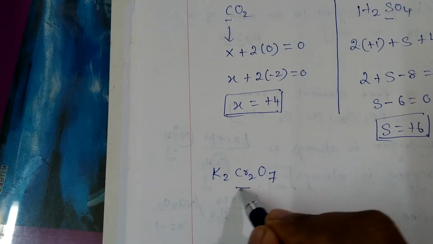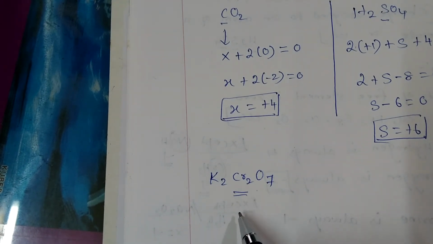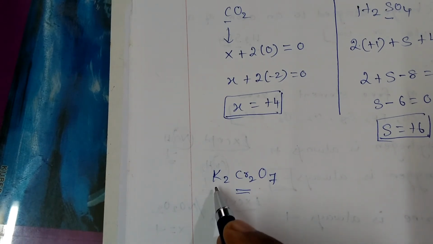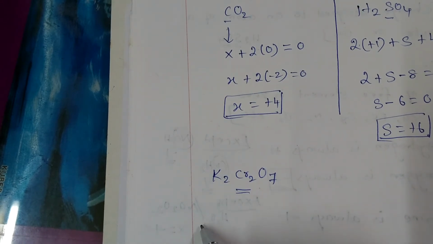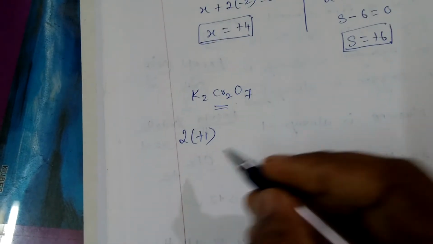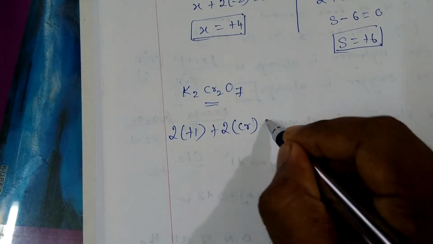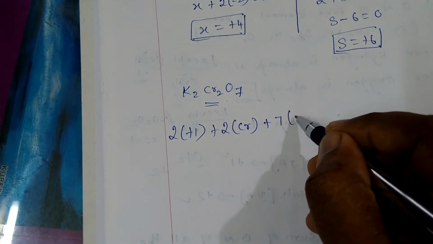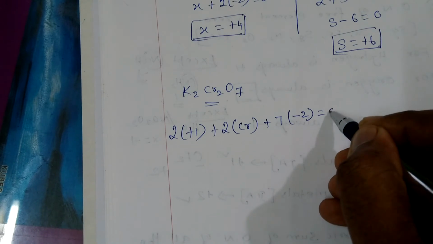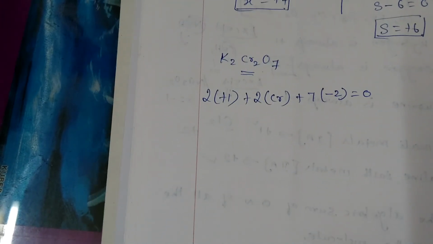Now let us discuss the next one, K2Cr2O7. There are two Cr. Remember, this is K, potassium, an alkali metal, so its oxidation number is +1. So 2 plus 2 into Cr, which is what you are going to calculate, plus 7 into the oxidation number of oxygen, which is always -2. The sum of the oxidation numbers is equal to 0.